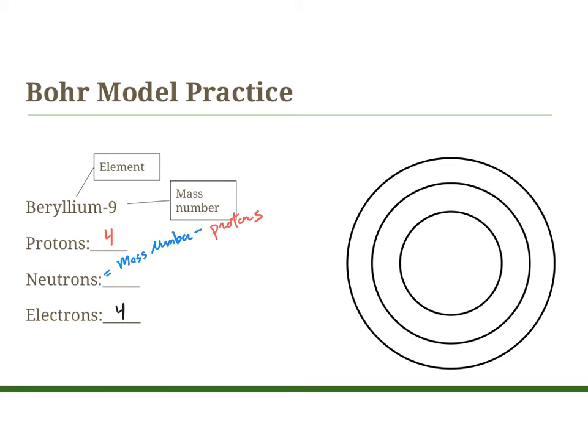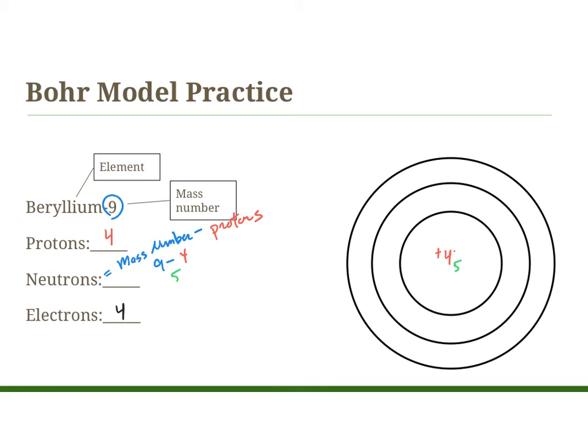So in this case, the mass number was 9 minus 4, so the number of neutrons is 5. So I know that in the nucleus of my atom, I have 4 protons and 5 neutrons, so that's my nucleus.